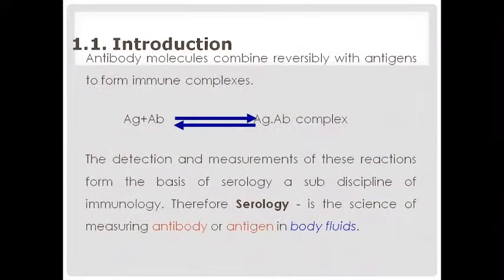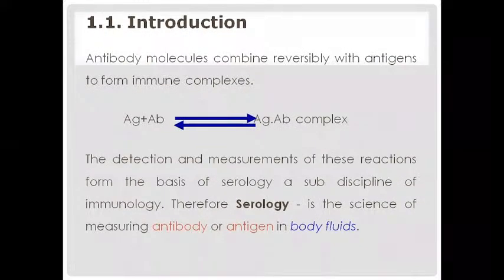So what happens next? These molecules, for example the antibodies that have been generated by the activation of B cells, can interact with antigens. And if we bring this interaction in vitro, or into the laboratory environment, this process can be reversible.